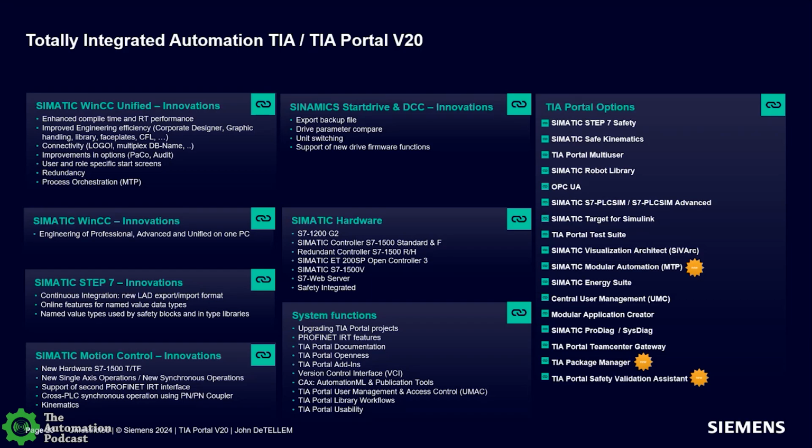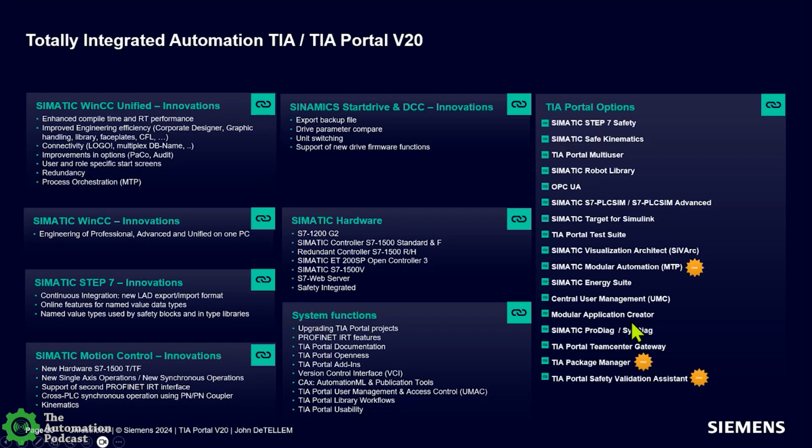Here's our standard page that any customer can download from our support site. It's a document that has fundamentally 200 slides of all these details. And of course, like I'm trying to highlight, our TIA, Totally Integrated Automation, is our HMI, WinCC, STEP 7 for the PLCs, motion control, Startdrive for the drives, hardware, and all the options.